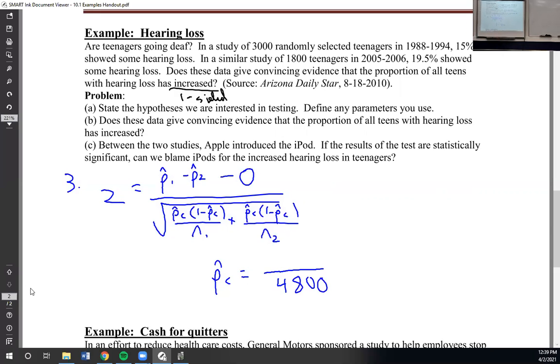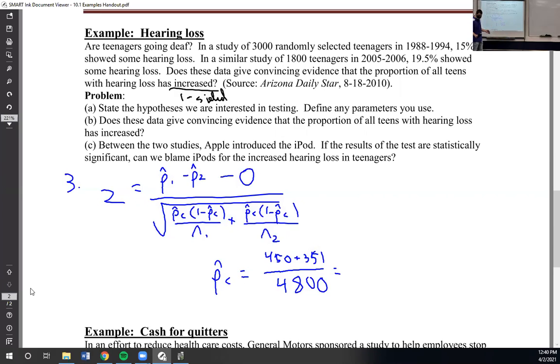And then I need 3,000 times 0.15. You'd have done this in step 2. 450, 195 times 1,800. That's 351. So 450 plus 351 are the combined totals in both samples that suffered some hearing loss.